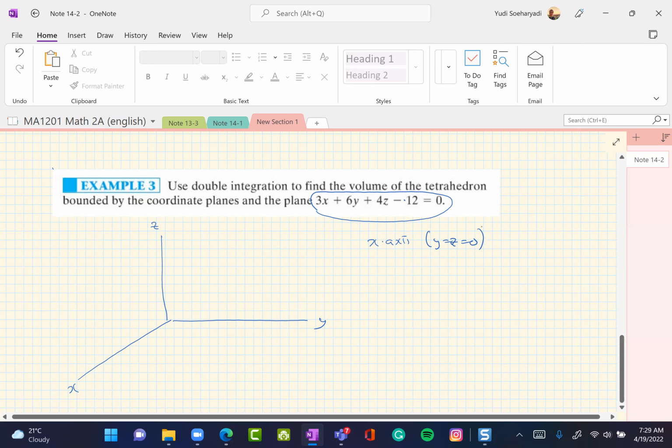So just put y and z equal to 0. That gives you 3x equals 12, so x equals 4.